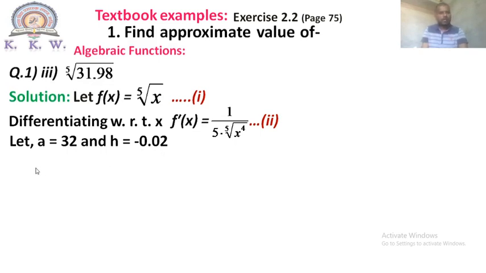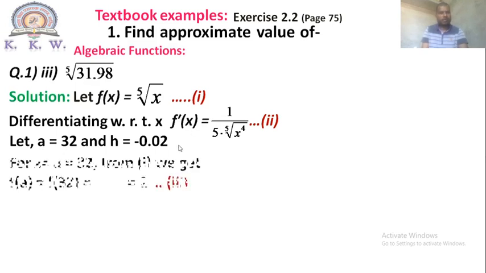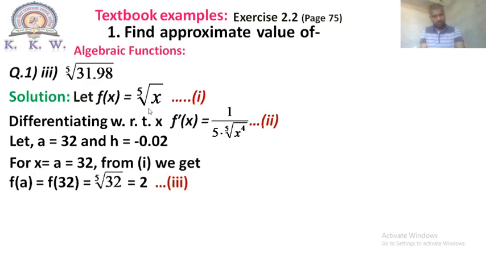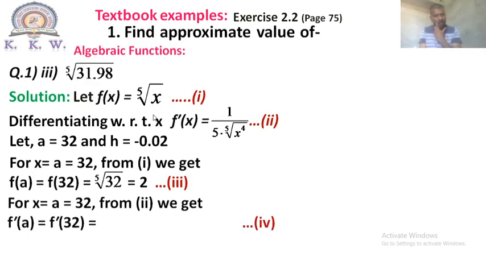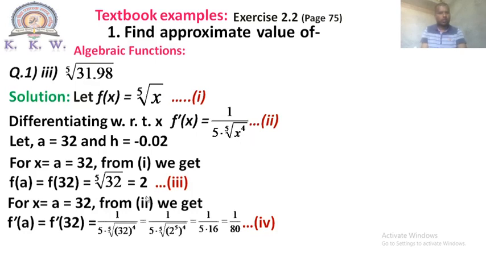Now at x is equal to a is equal to 32, f of x and f dash of x become f of a is equal to f of 32. The fifth root of 32 is 2, and f dash of a is equal to f dash of 32, which is 1 upon 5 into the fifth root of 32 raised to 4.